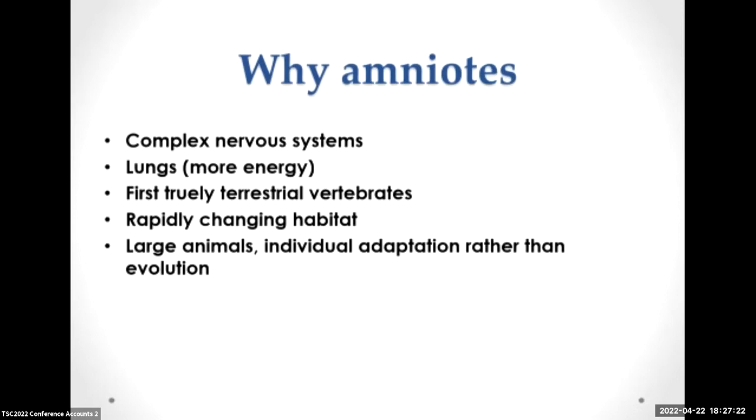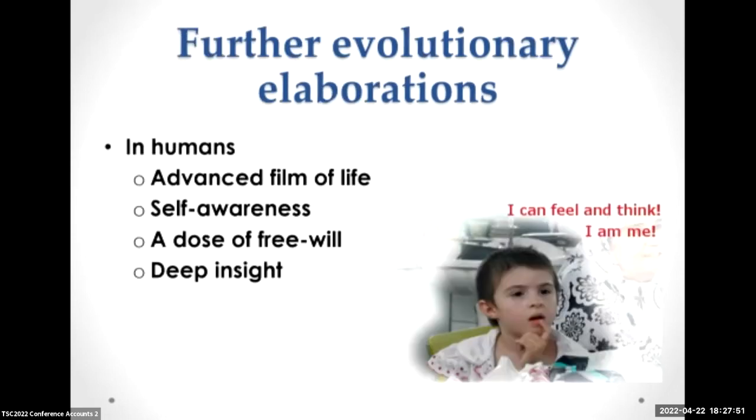And of course, the reptiles, certainly compared to insects, are very large animals, and they don't make much progeny. So they need to adapt individually rather than have evolution change their constitution. So these factors point towards the idea that consciousness started in these animals.